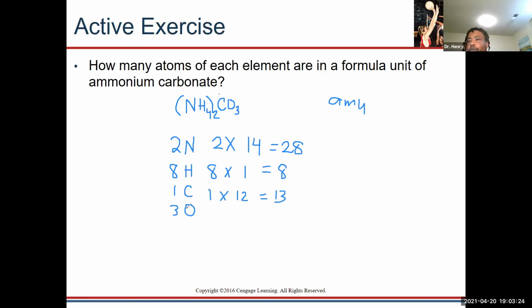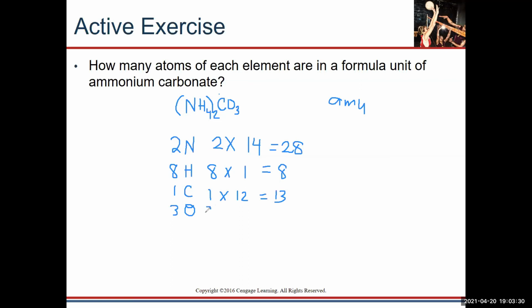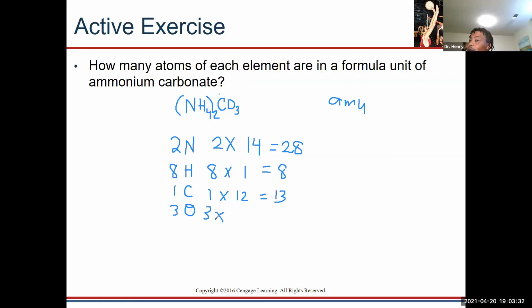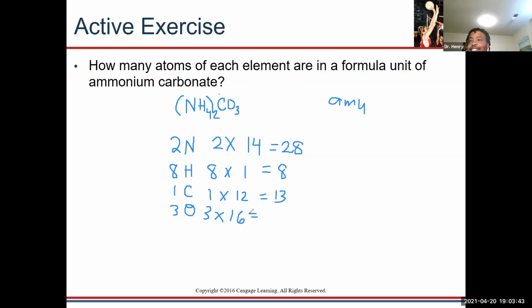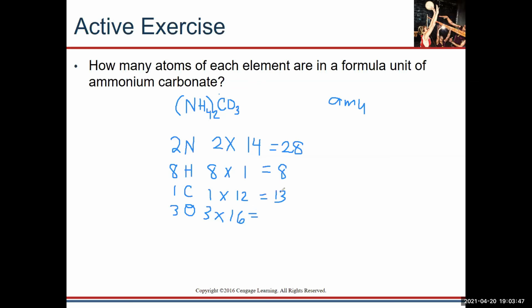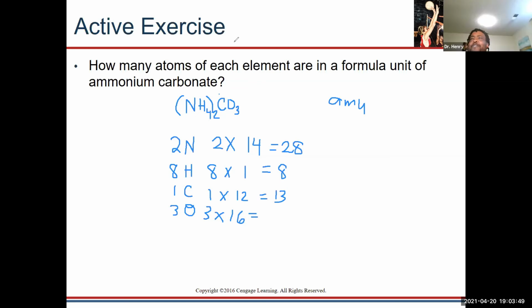And you said oxygen weighs 15? 16. Rounding. You got to work on that rounding there, right? Isn't it supposed to be 12, the carbon? It says 1 times 12. Thank you. Good eye. I was testing you.